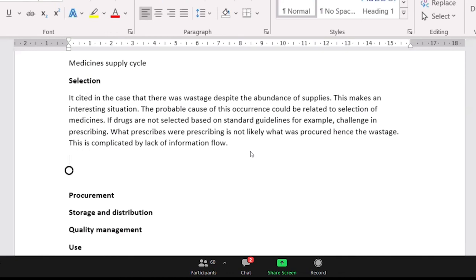But I would require under selection a different paragraph for your solution, right? You get what I'm saying? Don't just condense ideas, please. Can we learn how to do paragraphs? Paragraphs simply introduce another idea, right? I hope you are aware. You can recall your writing skills.